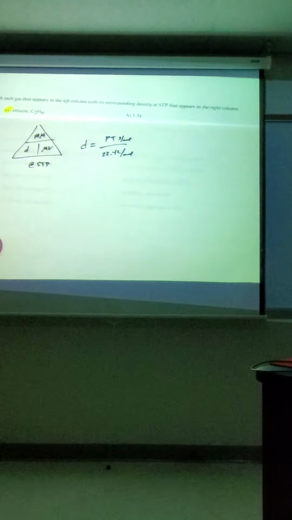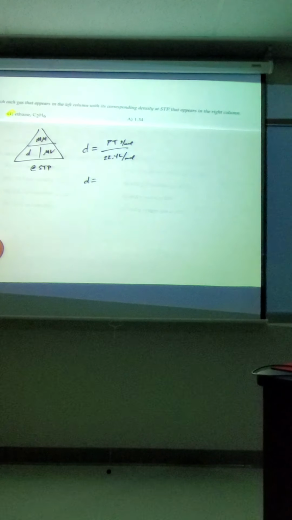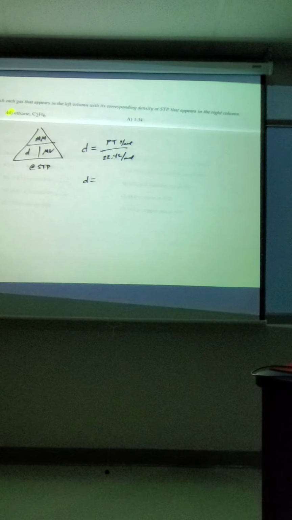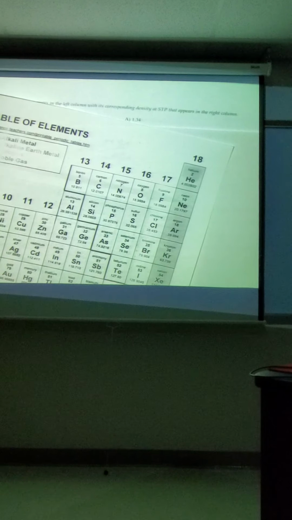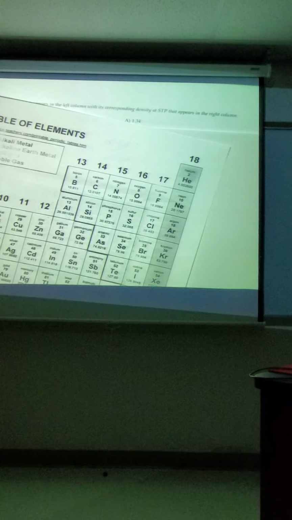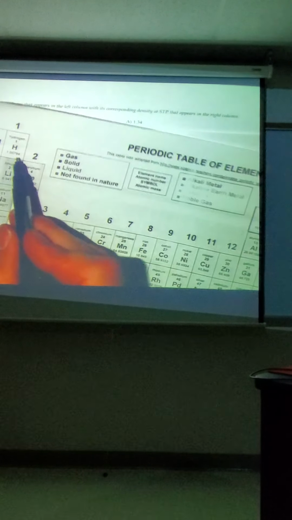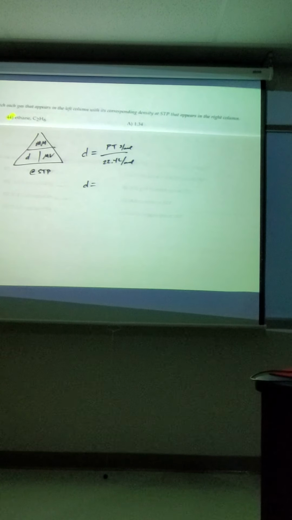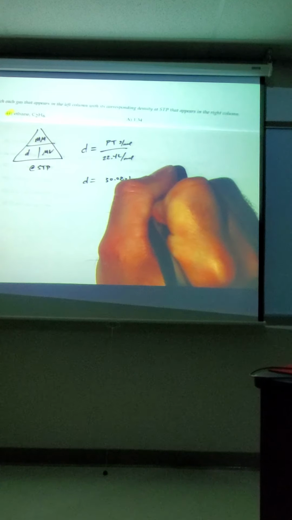We just need the specific example. So here we have C2H6. So 2 carbons at mass of 12.01. So 24.02. And then we have 6 hydrogens, so plus 6 times 1.01. So we get 30.08 grams per mole.